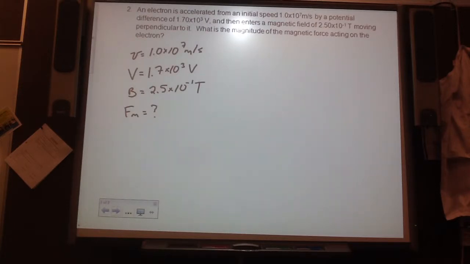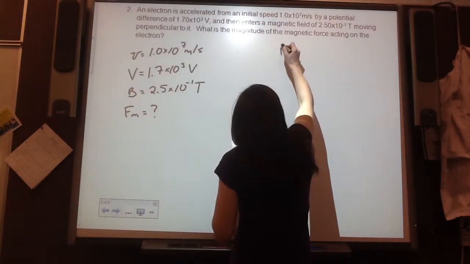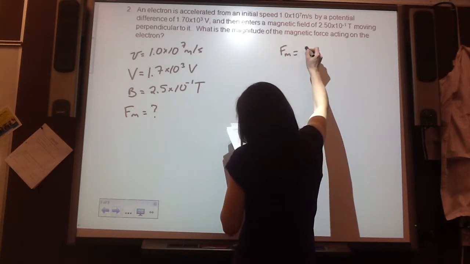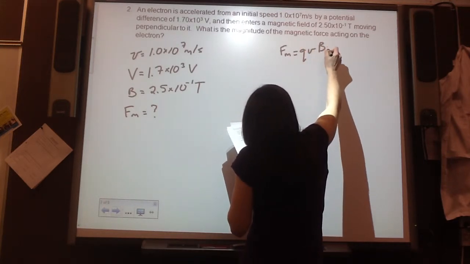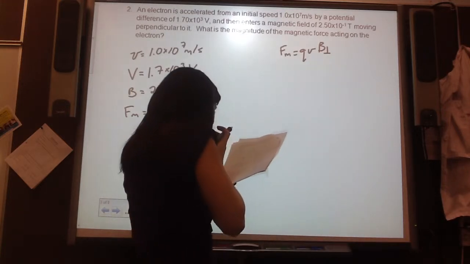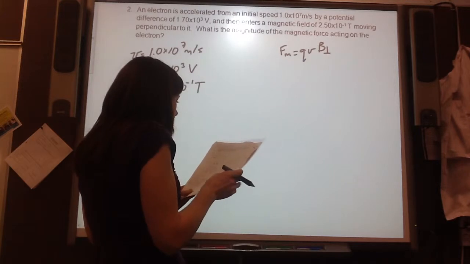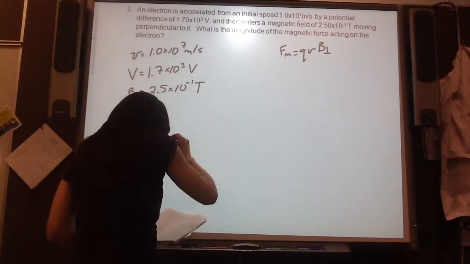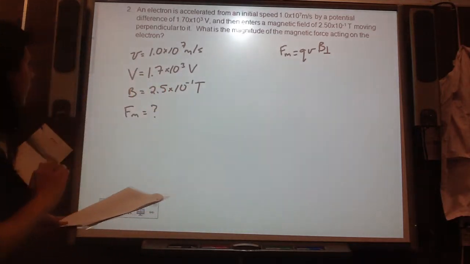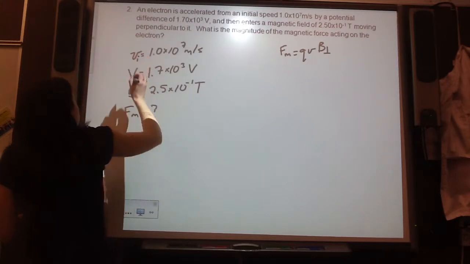All right, so we're going to have to do a couple of steps. Let's make a map of what we're going to do here. Fm is equal to q times v perpendicular. This is v initial.